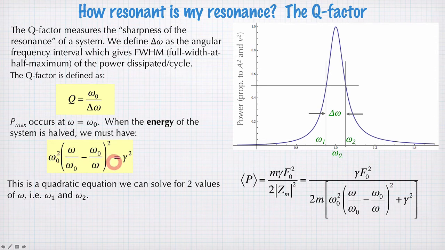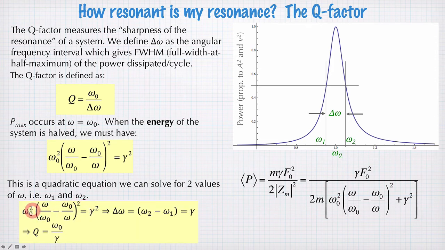To solve this equation, in fact it's just a quadratic equation, and we find values for omega 1 and omega 2. So we solve it and we find that the difference between omega 1 and omega 2 is given by gamma, which means that the quality factor Q is omega naught divided by the damping gamma.